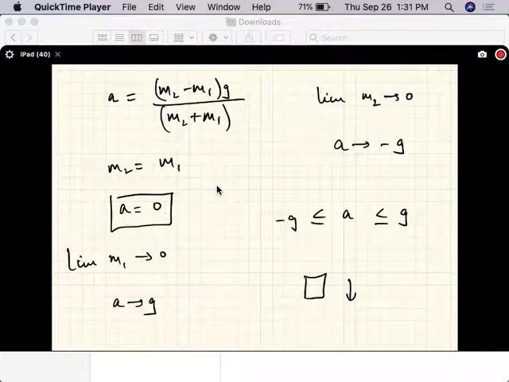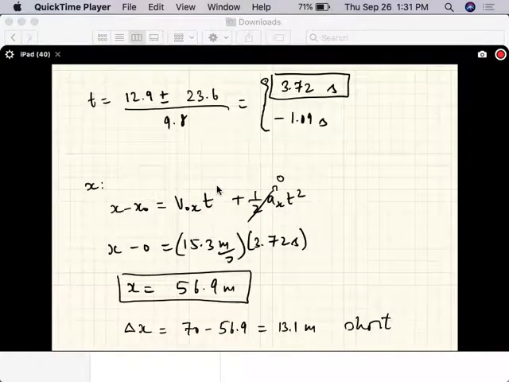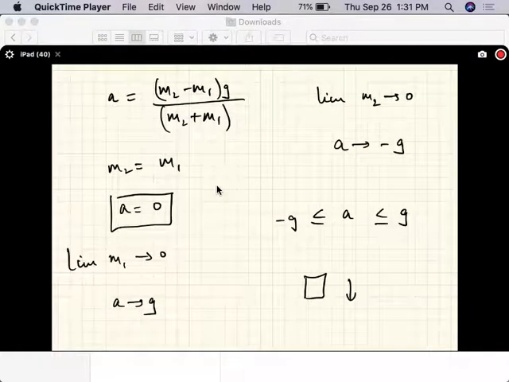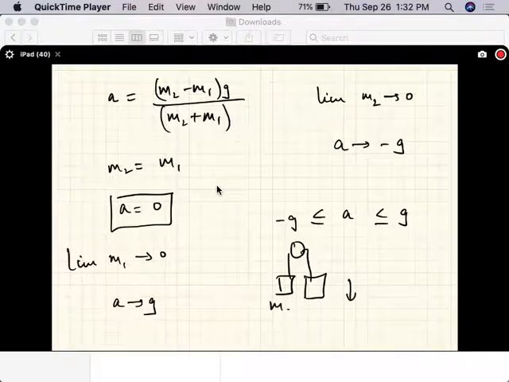So the acceleration can be g in this direction, or if this mass is 0, what we are saying is if M1 is 0, a is g, and if M2 is 0, a is minus g, and this guy is going up. That's all.